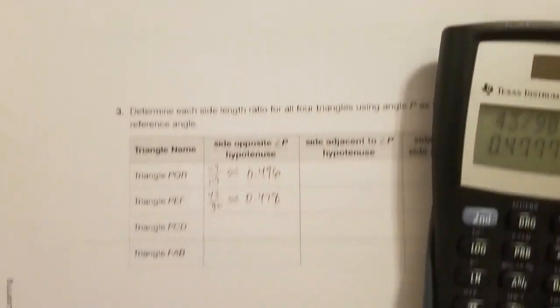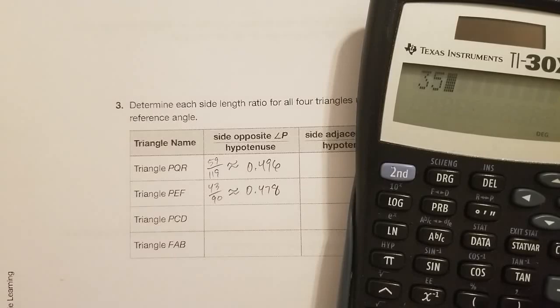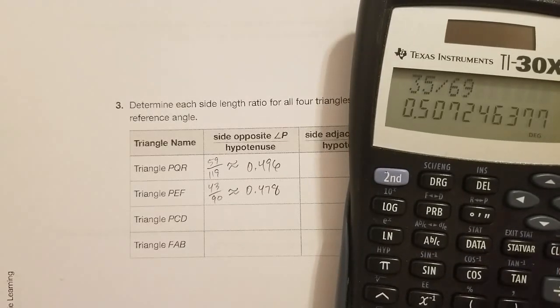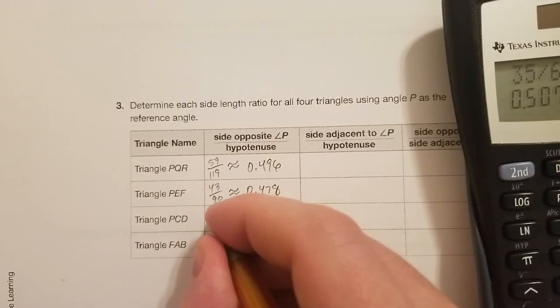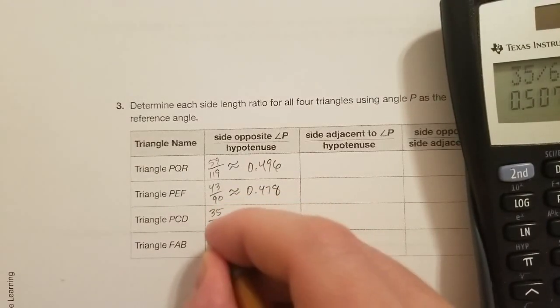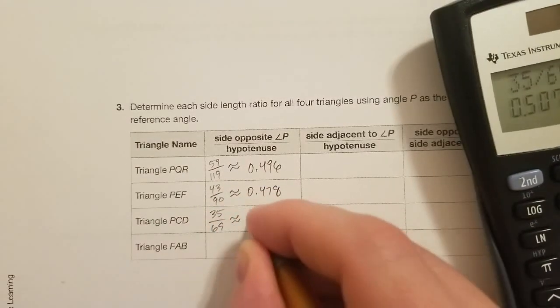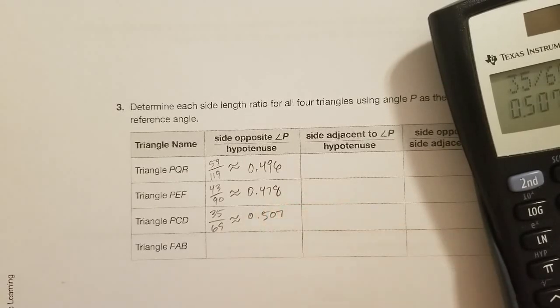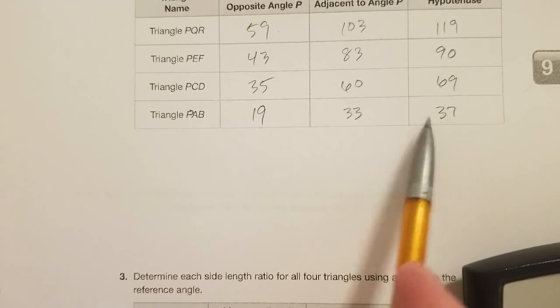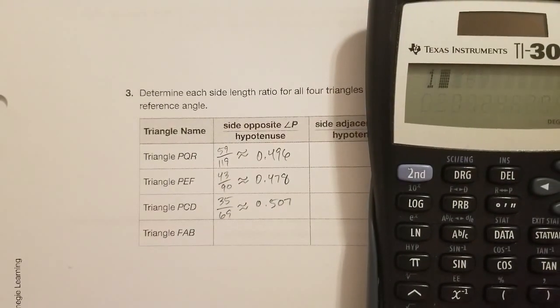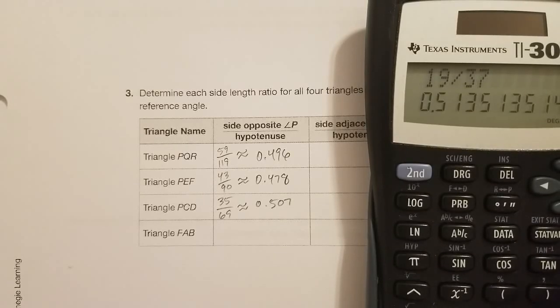That's 0.507. And then the last one is 19 divided by 37. I get 0.514.